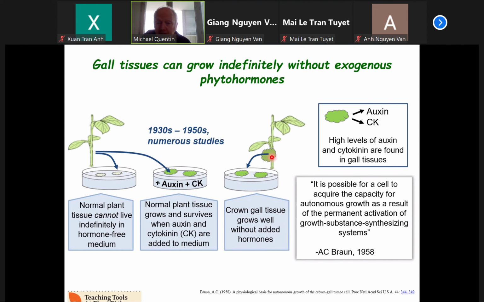And it was noticed that those galls contained huge amounts of auxin and cytokinin. So the hypothesis was that cells in galls became able to produce auxin and cytokinins when they were in contact with the bacteria.